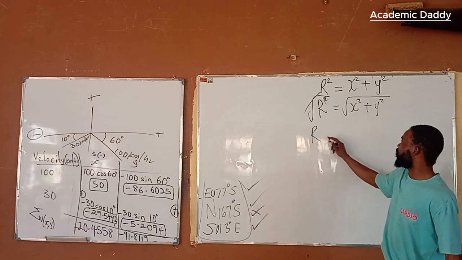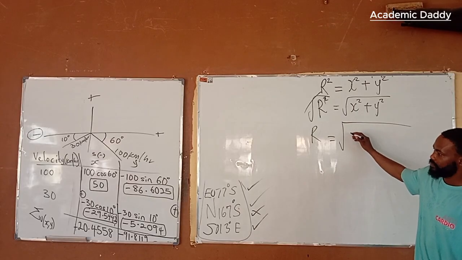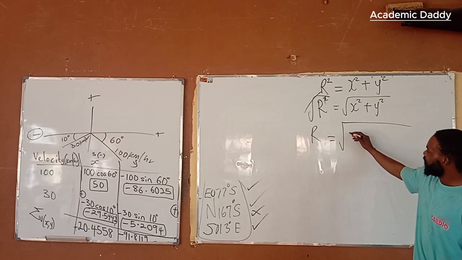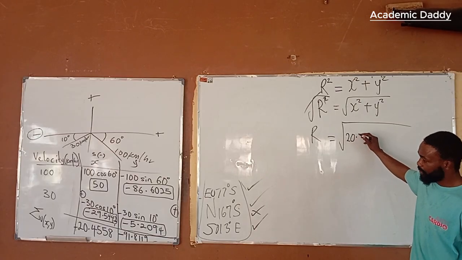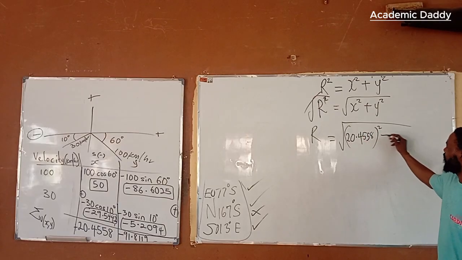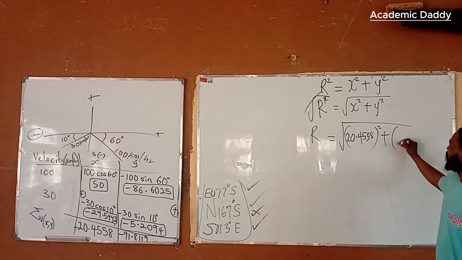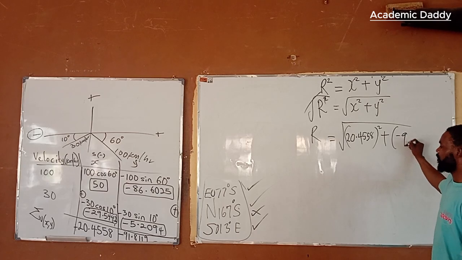So R is equals to, what do I have on the X? X is 20, Shebi? That is on the X now. X axis is 20 points. You know that there's no need putting the minus, but let me put it, sure.